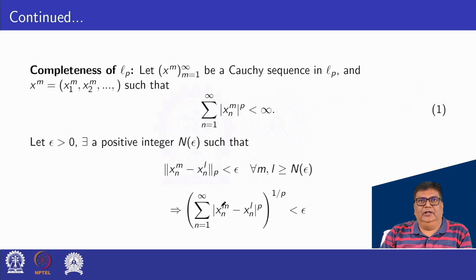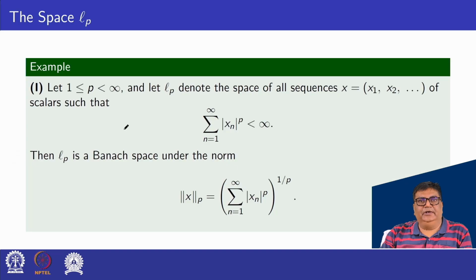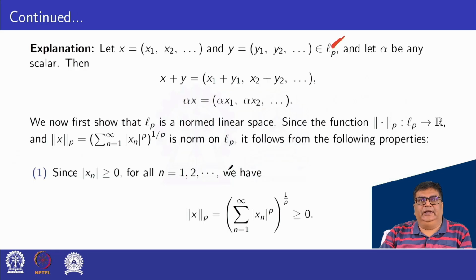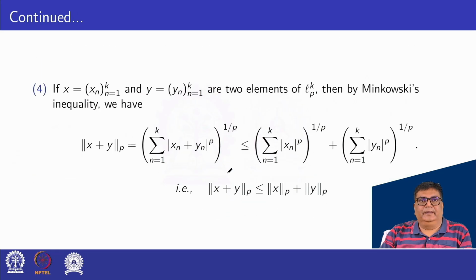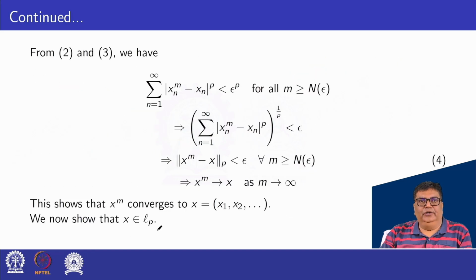As per the statement of the example, if x is equal to this one, then we have to check this condition. So here x_m converges to the point x, and now we have to check x belonging to l^p.